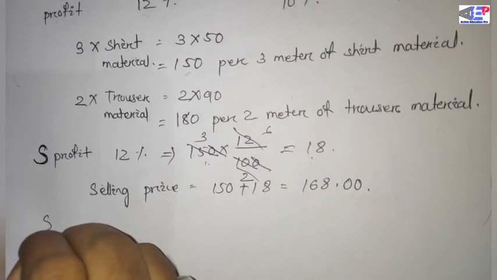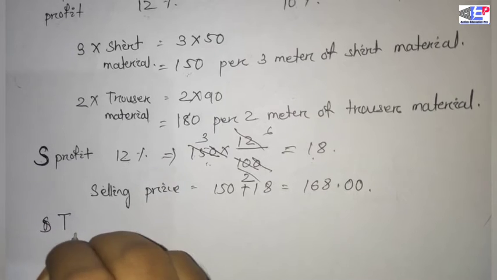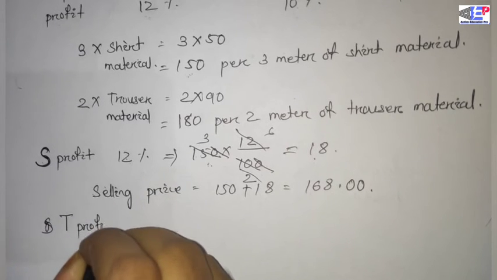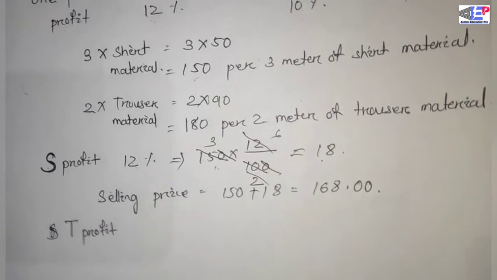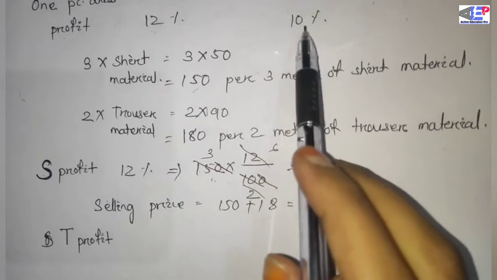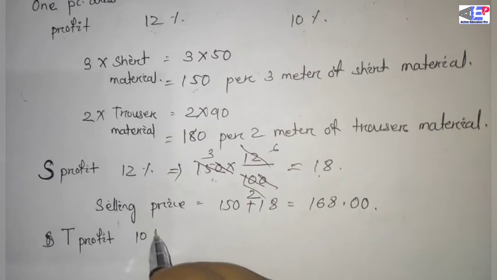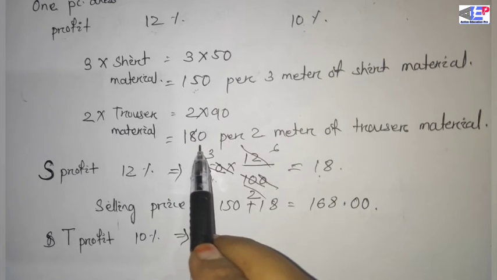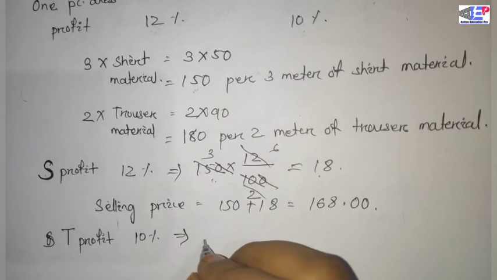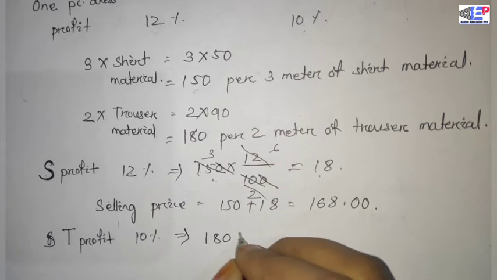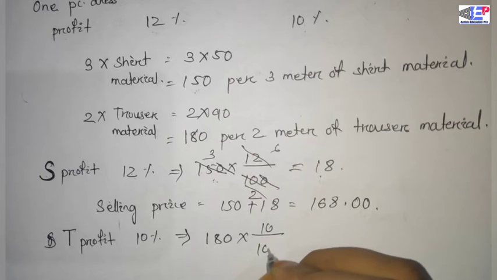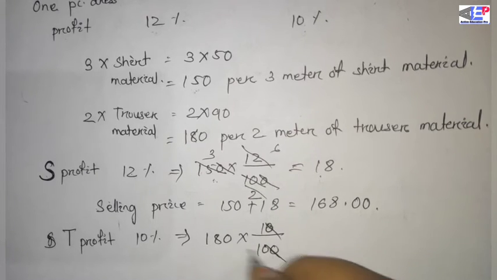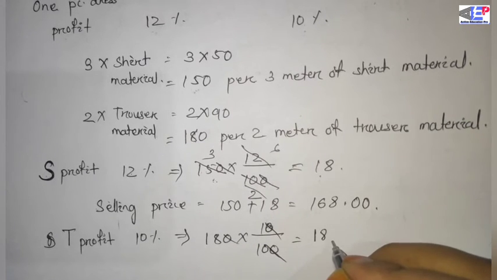Then profit on trouser. The percentage profit on trouser is 10%. The total cost of trouser is 180 rupees. 180 into 10 by 100. The zeros cancel, and the profit is 18 rupees.